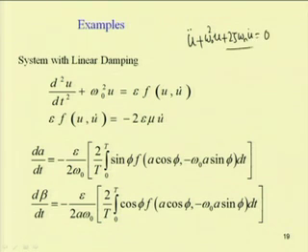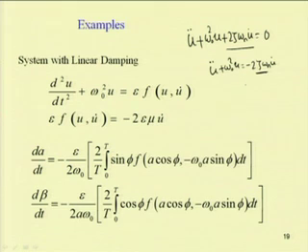So, if one takes this 2 zeta omega n u dot to the right hand side, then this equation can be written as u double dot plus omega 0 square u equal to minus 2 zeta omega n u dot, and this zeta omega n we can write equal to epsilon mu.